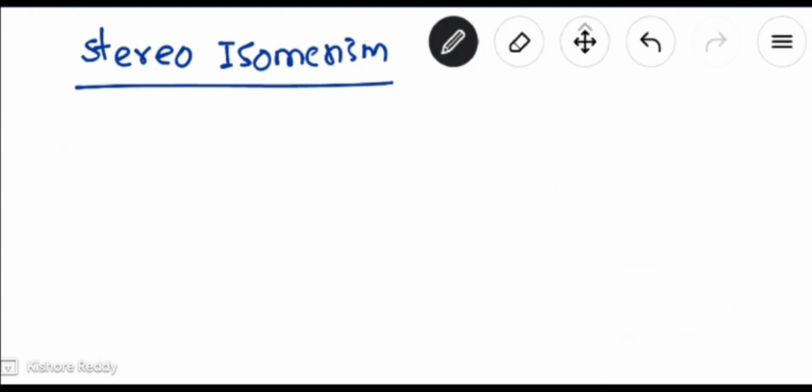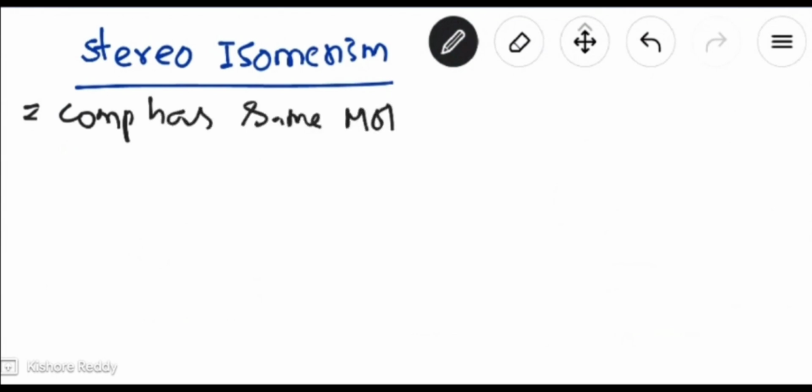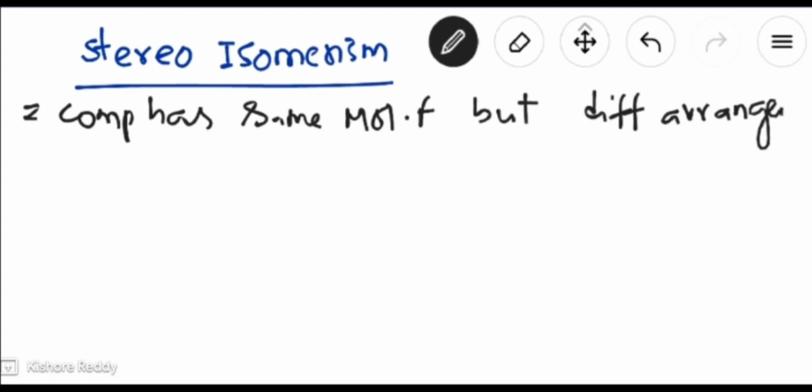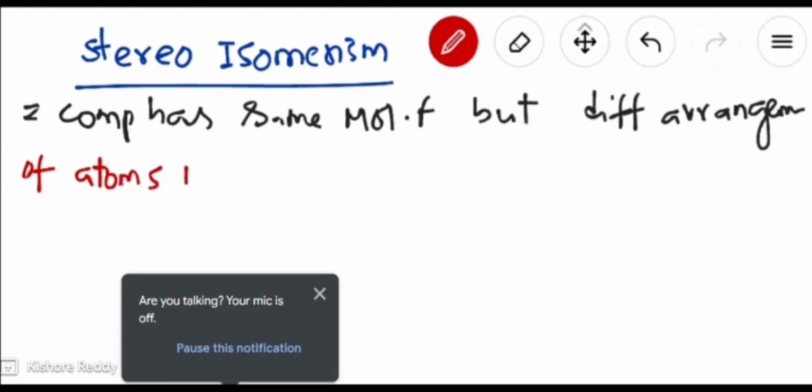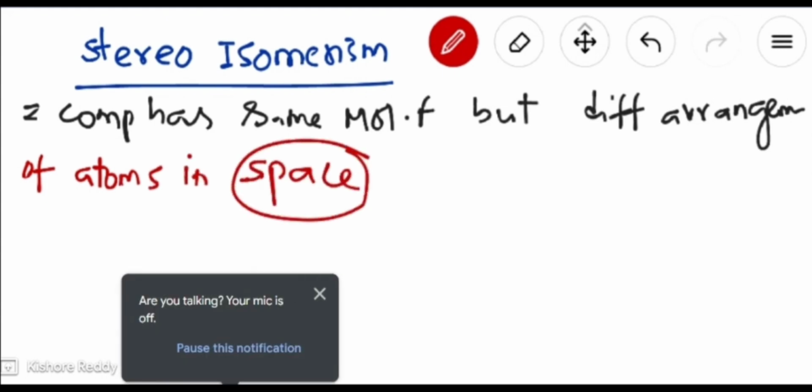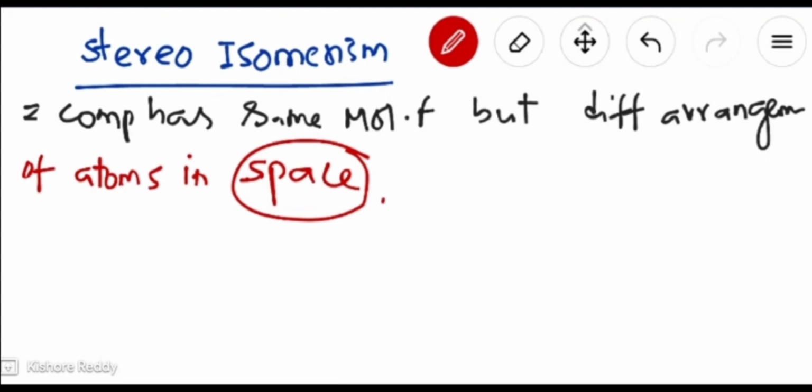But in the other condition, if two or more compounds have the same molecular formula, but they have a different arrangement of atoms in space, a three-dimensional arrangement that is different. Earlier you had only two dimensions. Nothing but they are all having different configurations.